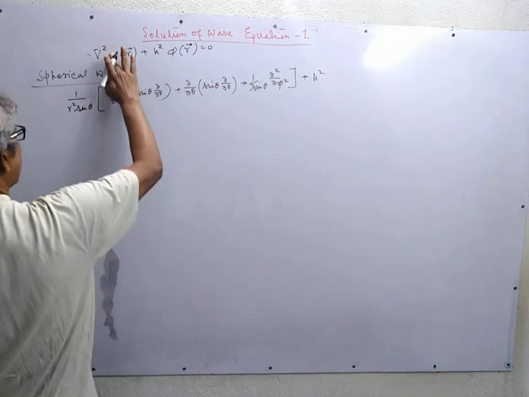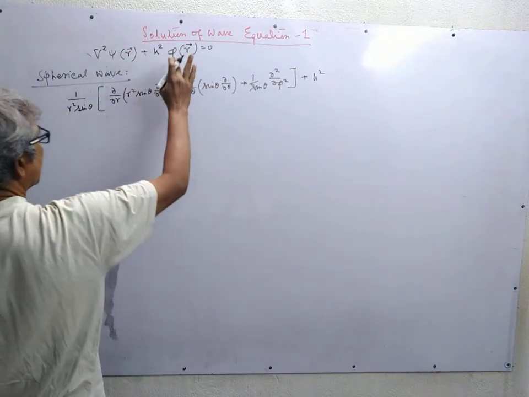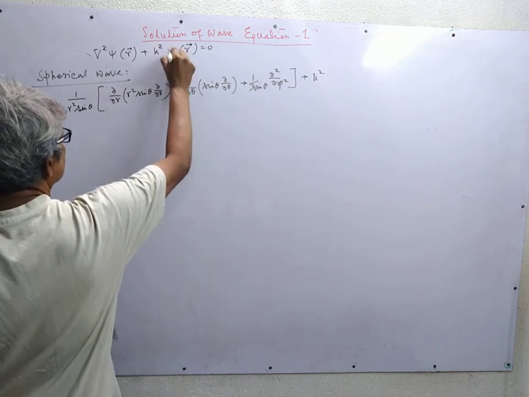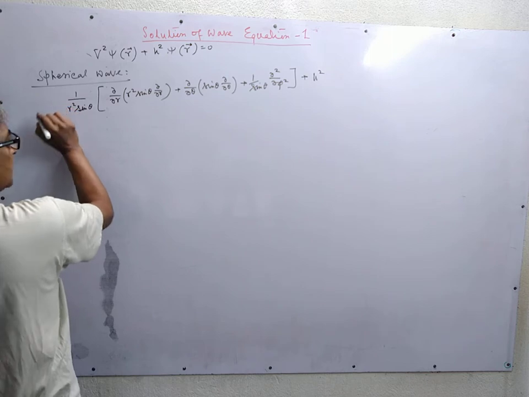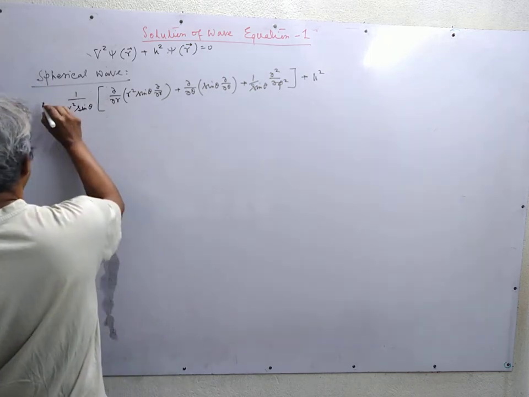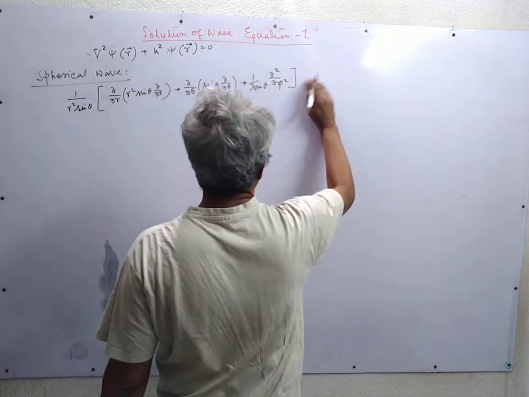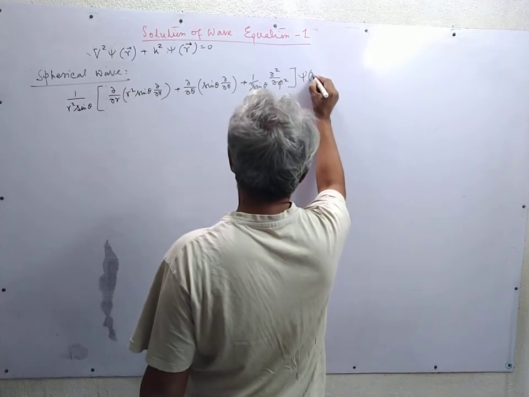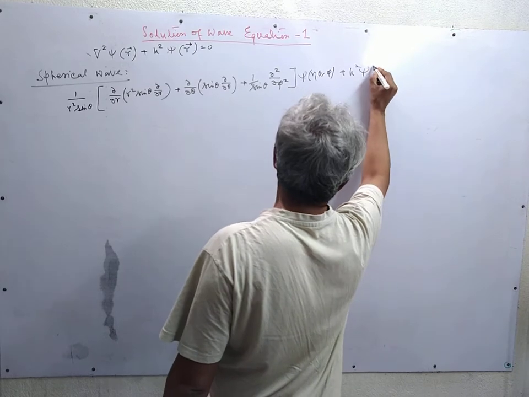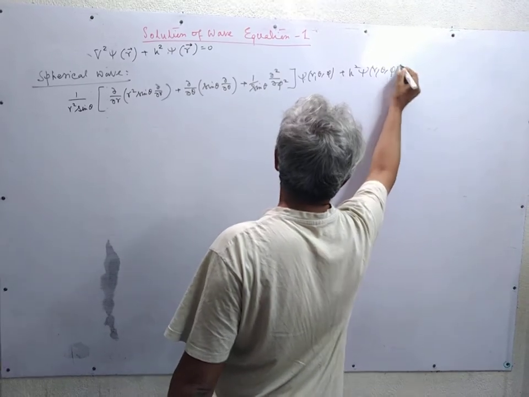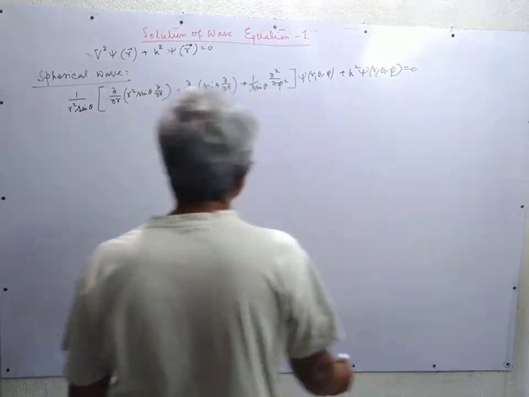This may create a confusion, so I use psi, and this operates on psi: psi of r theta phi plus k square psi of r theta phi is equal to 0. This is the Helmholtz equation.